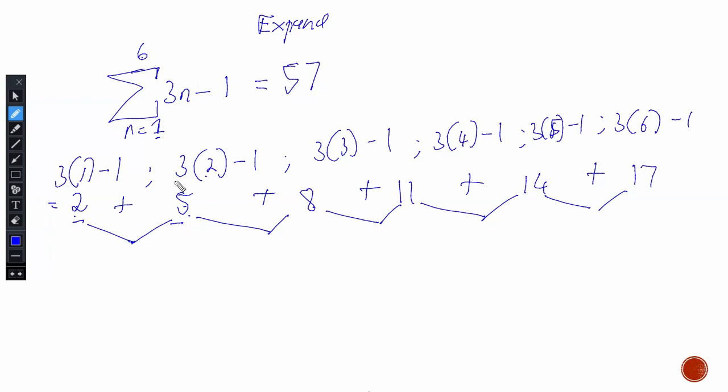But remember, you do not have to add all of this. If this was 60 here, you wouldn't be doing all these numbers all the way up until 60.